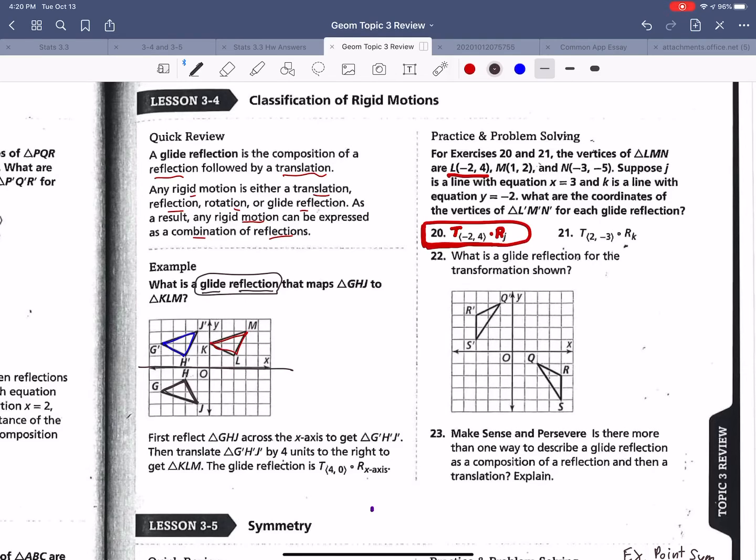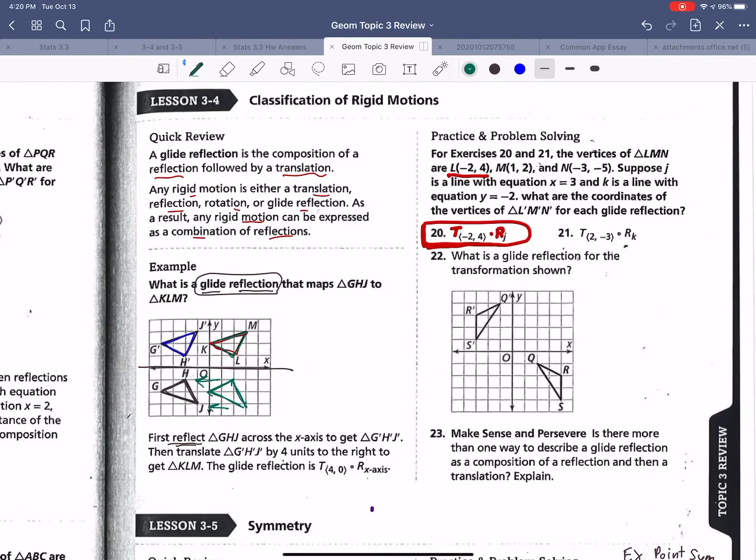So they've told us first they reflect, so what would be an equivalent one that maps on top of there? They're suggesting I could reflect across the x-axis, so I could change my colors here. I could reflect over here, and then scoot over.